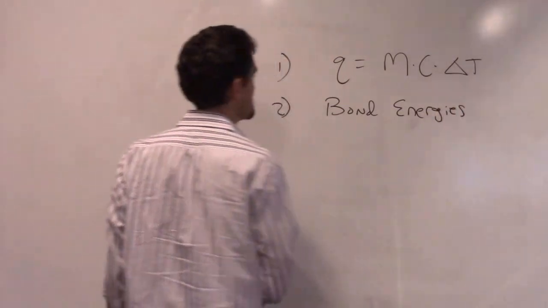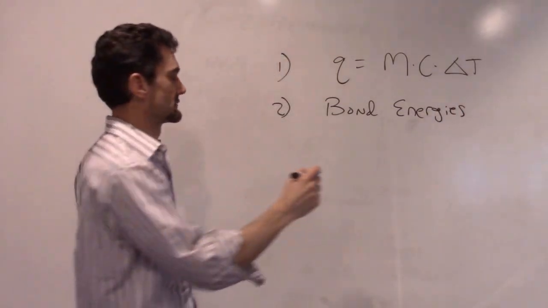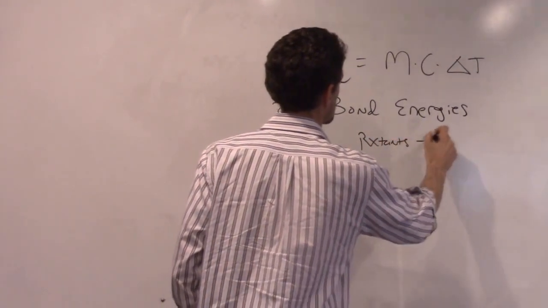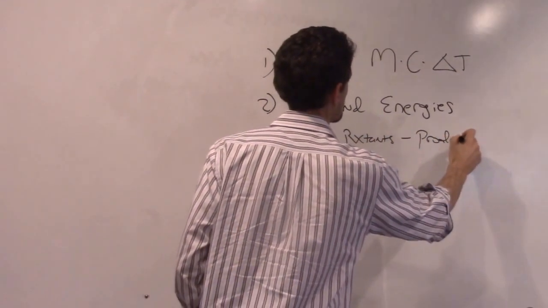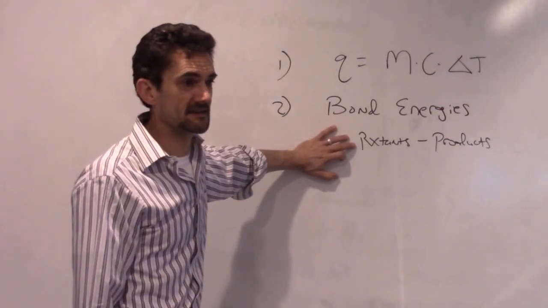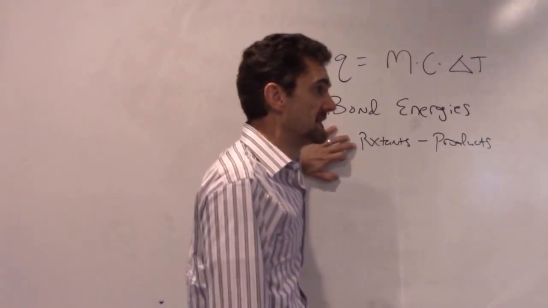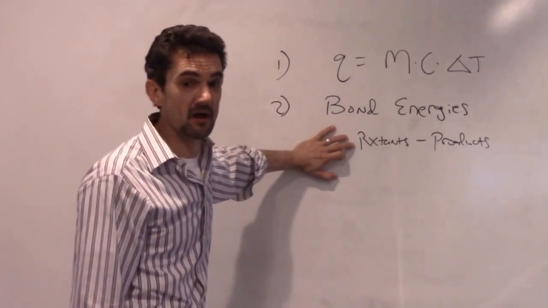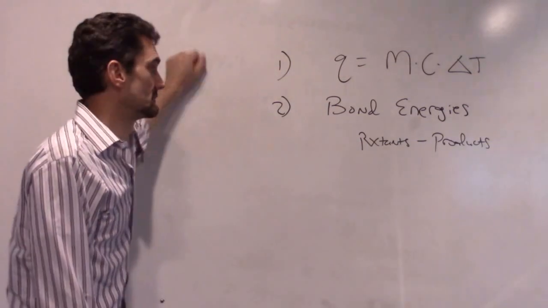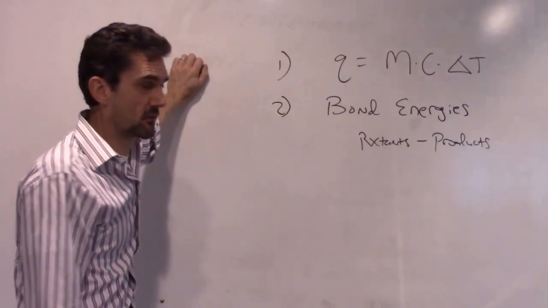Bond energies, and that's the reactants minus the products. So you've got to take a look at your reactants and calculate the energy released when you break their bonds, and then subtract the energy released when new bonds are formed.